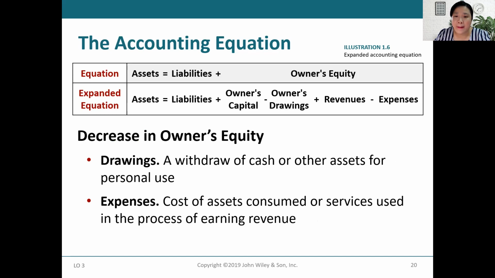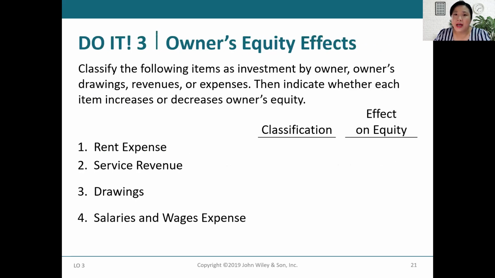Expenses means those assets that we consume or services that we use when we generate the revenues. For example, if we use the gasoline, or if we use the worker, so we have salary expense or gasoline expense.